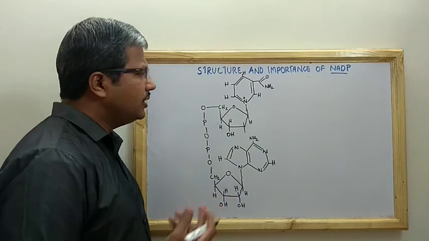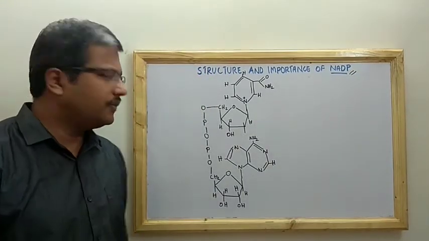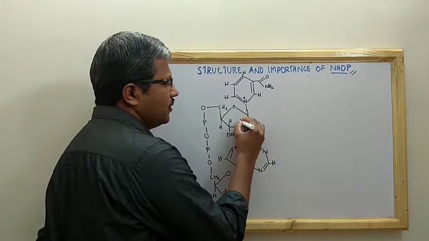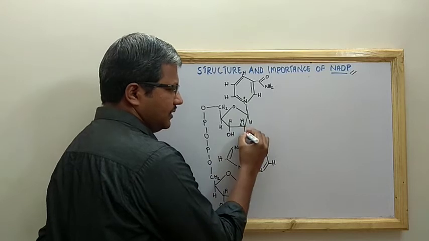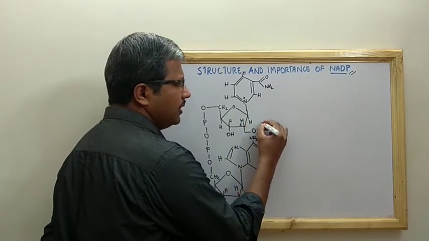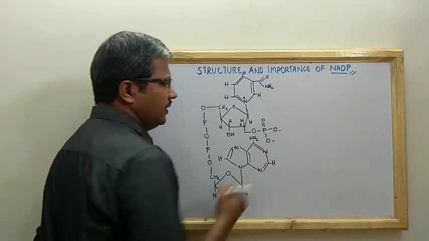Now where does this phosphate come? This phosphate is actually coming at this second carbon position. So OH is there. Instead, you can find O, P, double bond O, O minus, O minus.